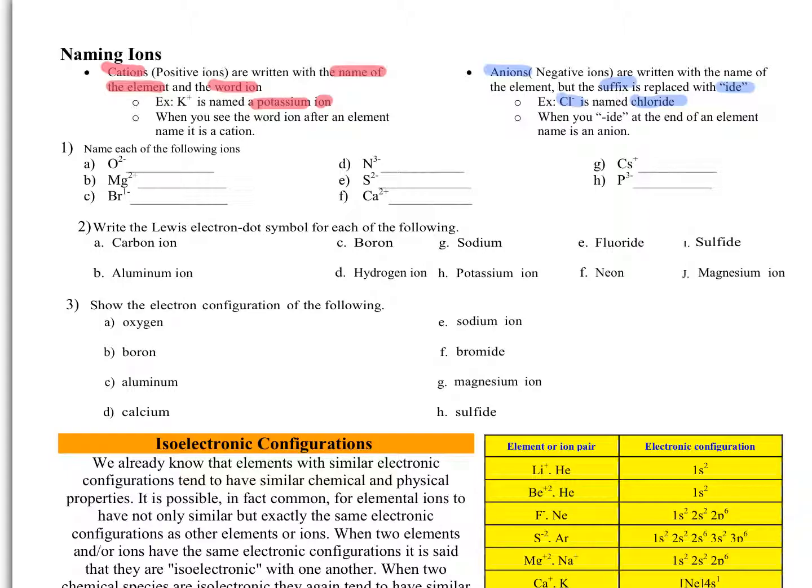So if we look at the examples, O2 minus. Well, oxygen is a nonmetal. It also has a negative charge, so we know that this is going to be an anion. To name it, instead of oxygen, we have oxide.